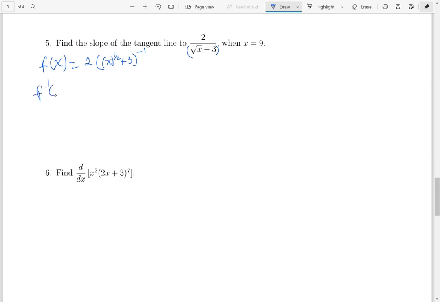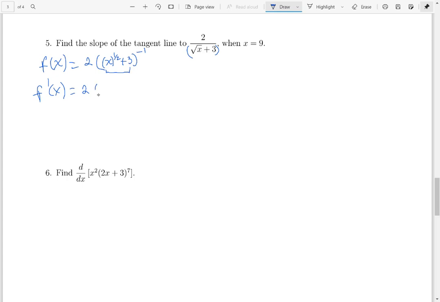Well then, what's f prime of x? The derivative of a constant times a function is the constant times the derivative of the function. Therefore, that's going to be 2 times, now we have our chain rule in application here. This is the inner function, and the outer function is that thing raised to the negative 1 power.